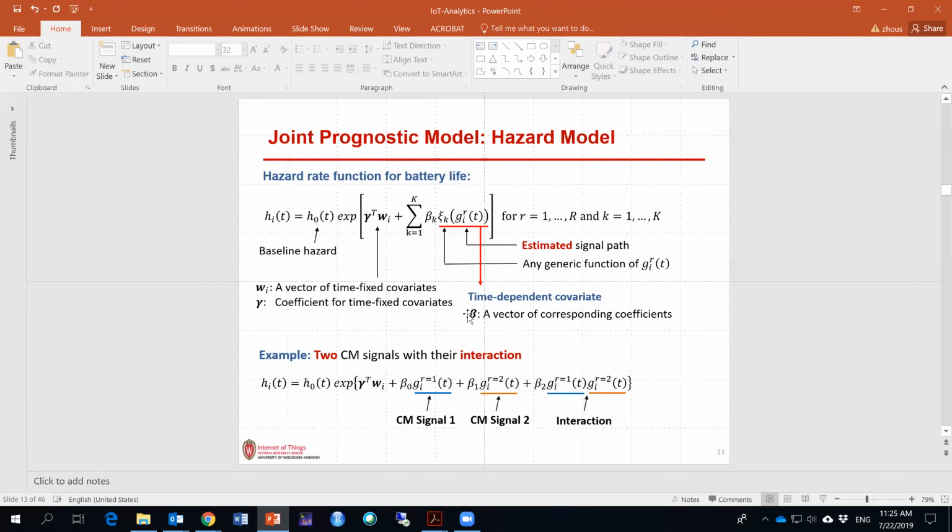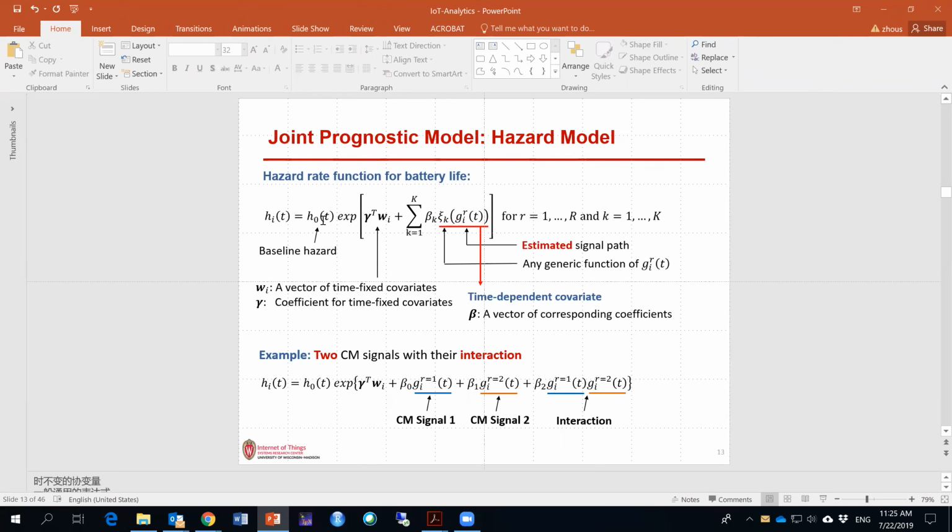And the proportional hazard model is an advanced regression model format. The output of the model is the hazard of certain events. You can view the hazard as a kind of instantaneous probability of such events.